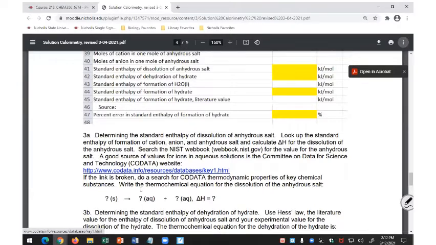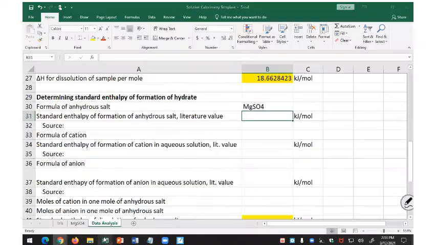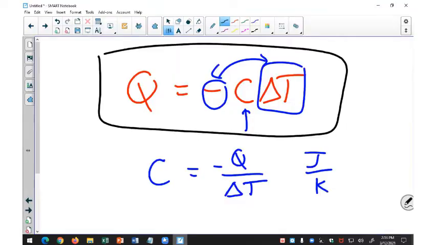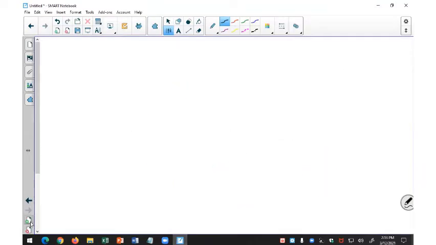Okay. So first of all, if I want to calculate the delta H formation of the hydrate, here's a reaction.